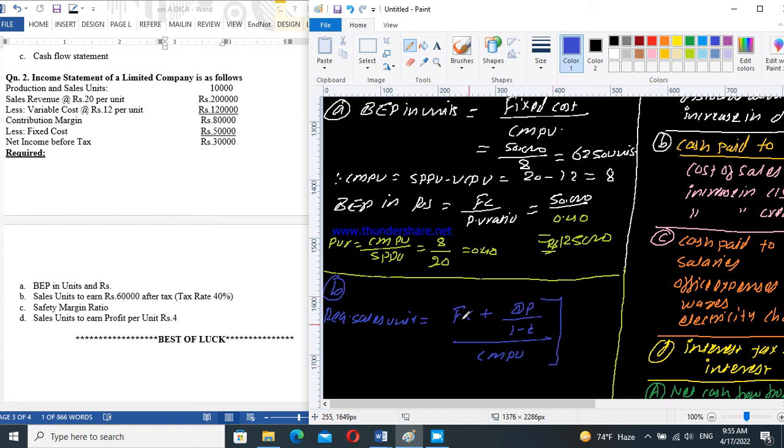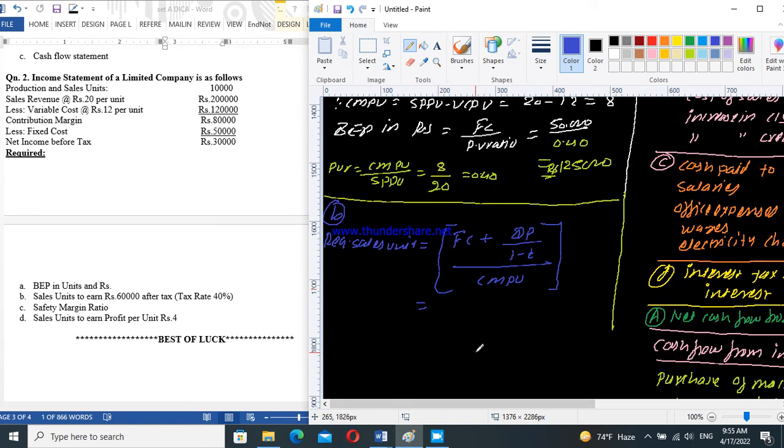Okay, set all the amounts into this formula. Now 50,000 is fixed cost plus desired profit 60,000, and 1 minus tax means 1 minus 0.4. 40% is tax, whole divided by 8.